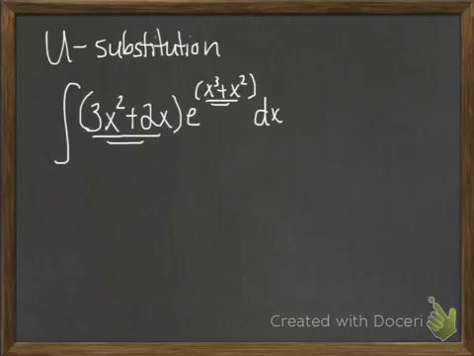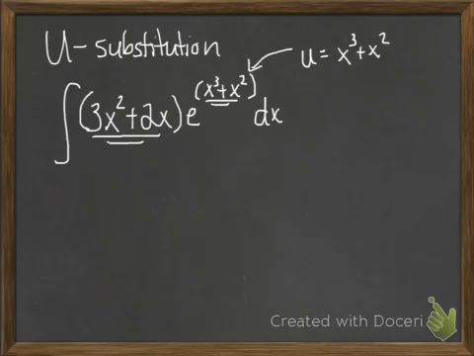And this is a good indication of the ability of using U-substitution, because if you take the derivative of x cubed plus x squared, you get 3x squared plus 2x. So what we can do is take u and set that equal to x to the third plus x squared.